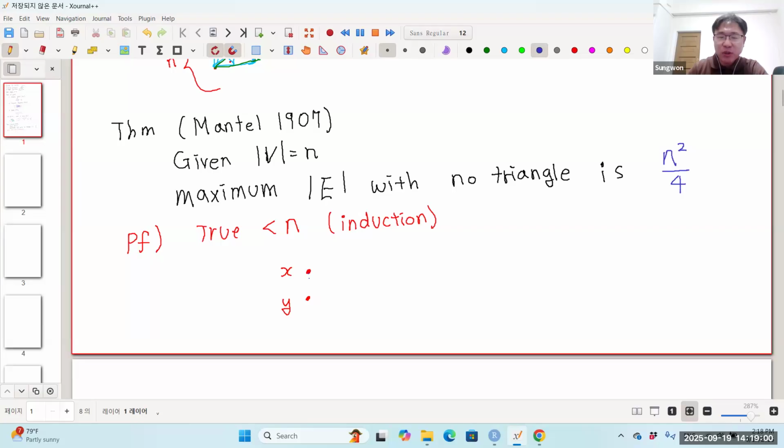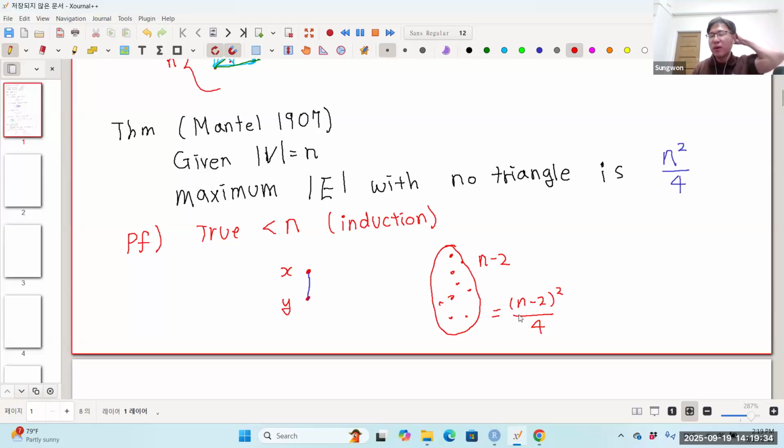And the rest is n minus 2 vertices. Because of the induction, we can tell that the maximum number of edges without a triangle in these n minus 2 vertices should be n minus 2 squared over 4. That will be the number of edges.